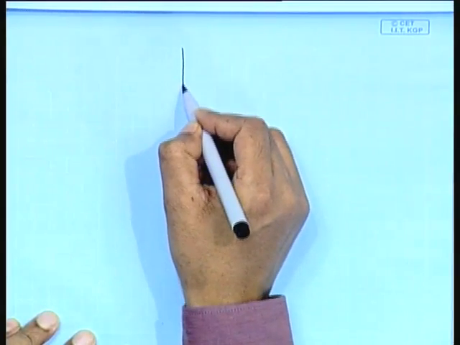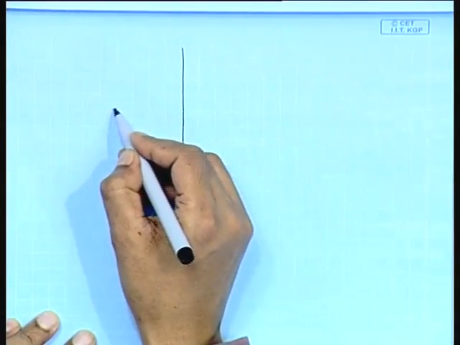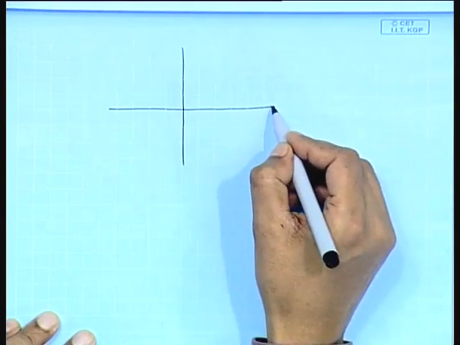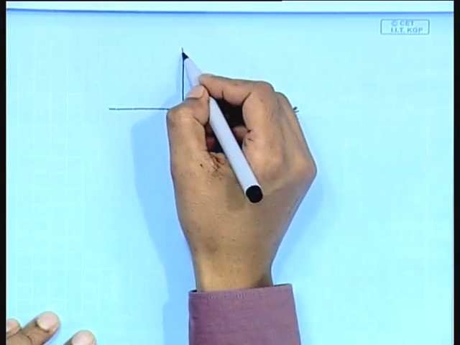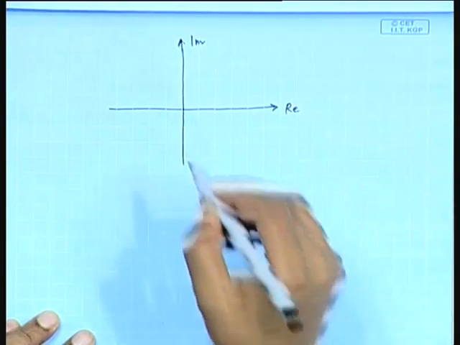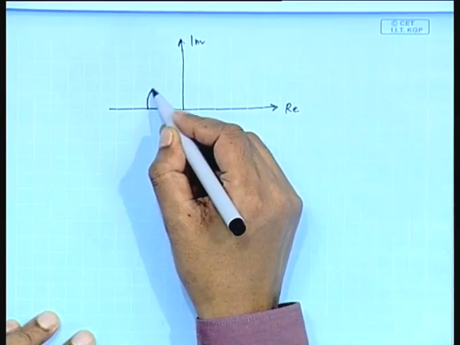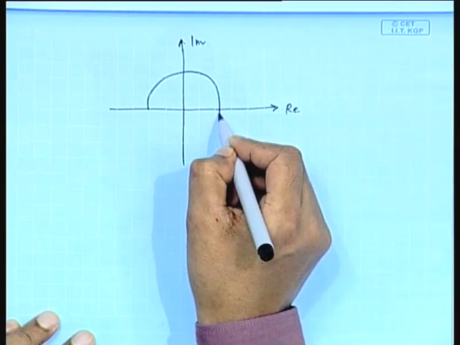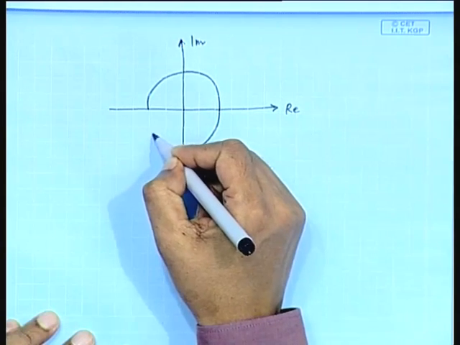So, previously we constructed the polar plot in the complex plane. So, this is the complex plane. First we draw one unit circle.